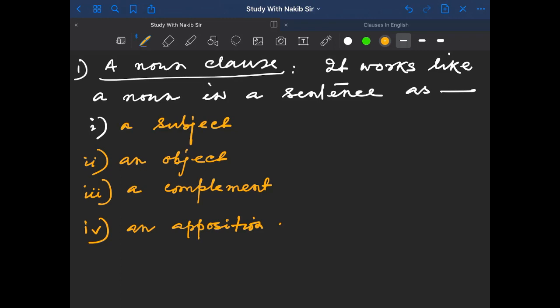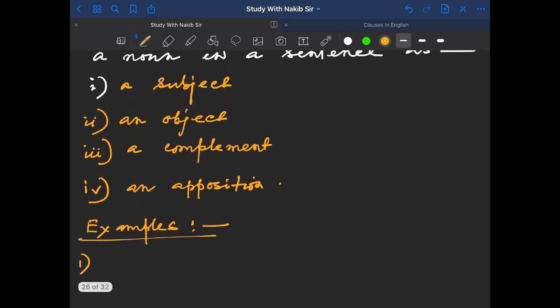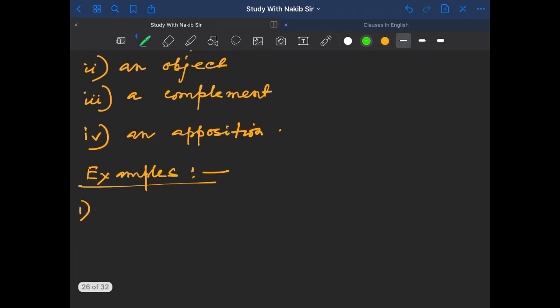Now see the example. Take a few examples. Number one, subject of a verb. Now write: That he is a good boy is known to all.